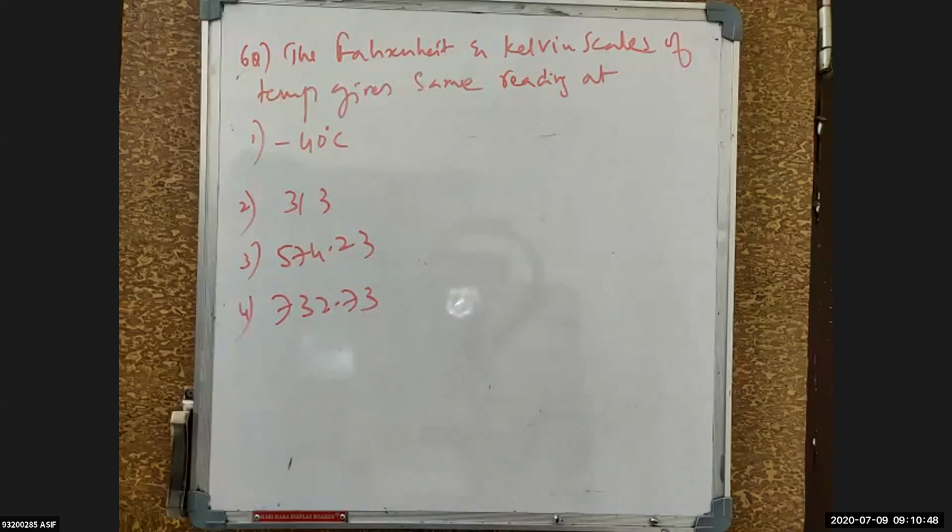Sir, the third one, sir. How much? 574.23. Very good, 574.23, or nearby to 575 approximately.